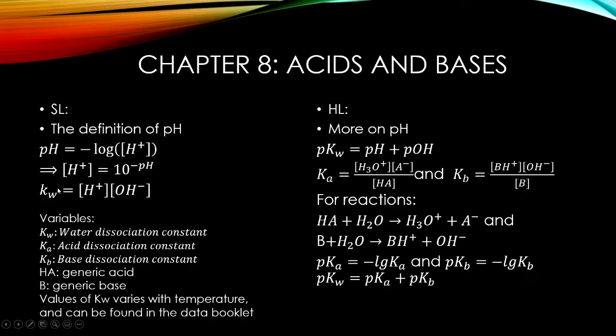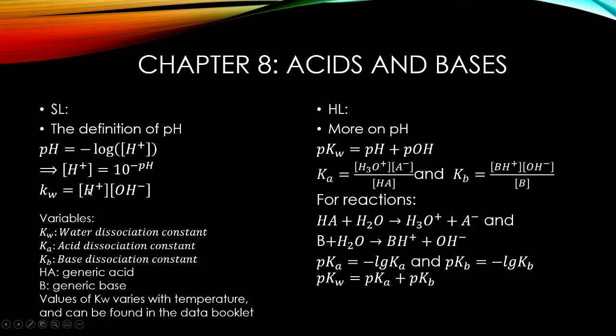Now there's also this thing called the water dissociation constant, which is this Kw, and it's equal to the product of H plus times OH minus. And at, I don't remember if it's room temperature or standard STP, I think it's STP, the water dissociation constant is 10 to the minus 14.